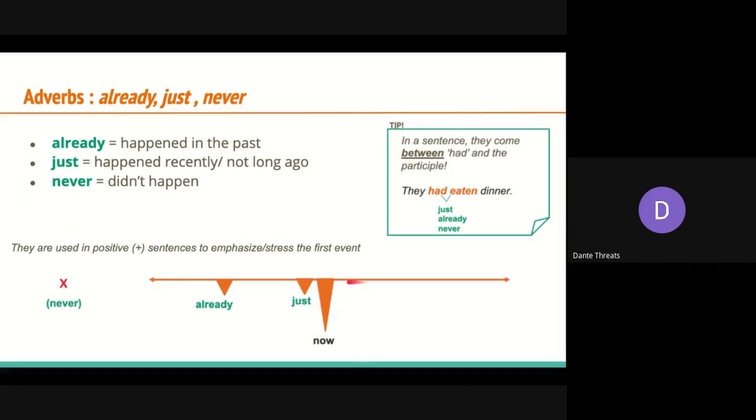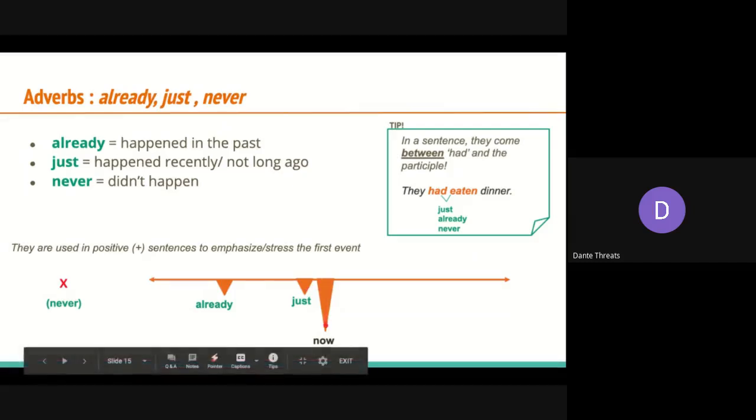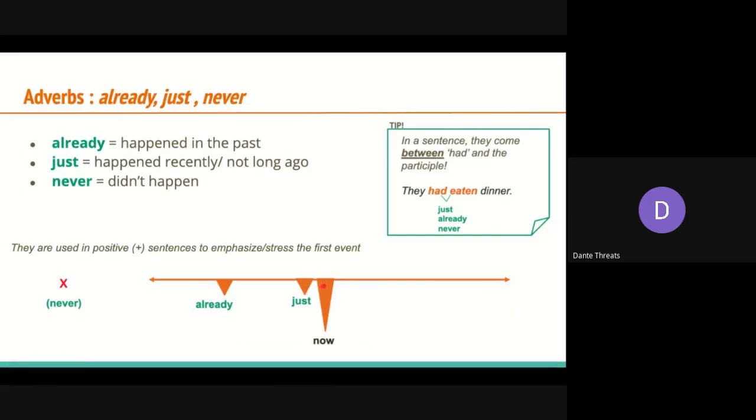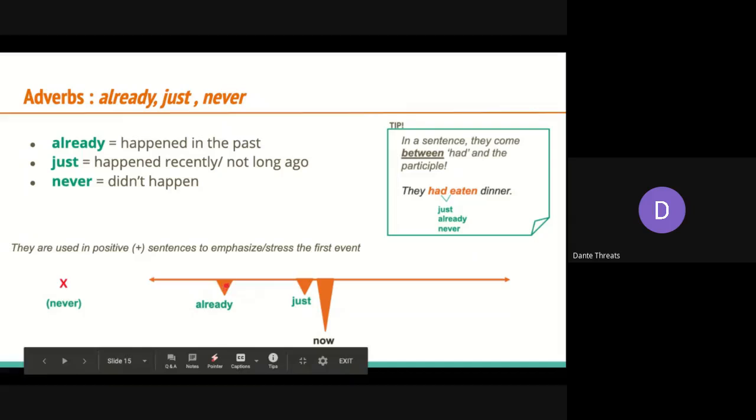As you can see here on this timeline, this being the past, this being the present, and this being the future. Okay, you can see that just happens right before the present. Already is in the past, and of course, never is never.